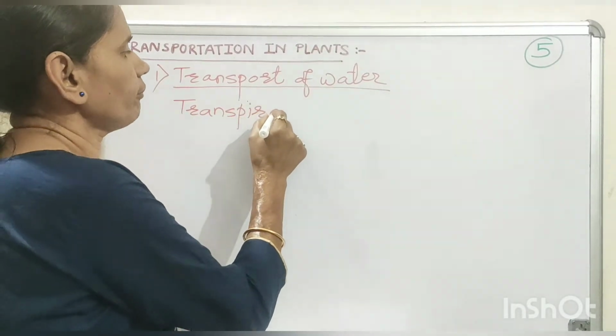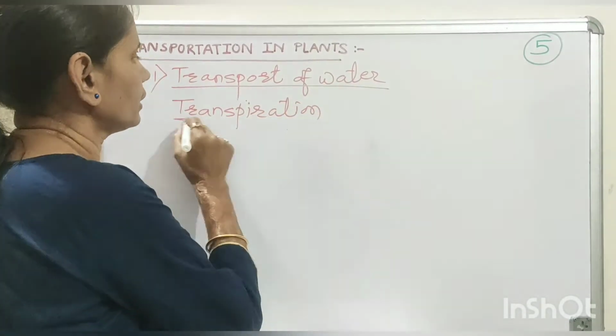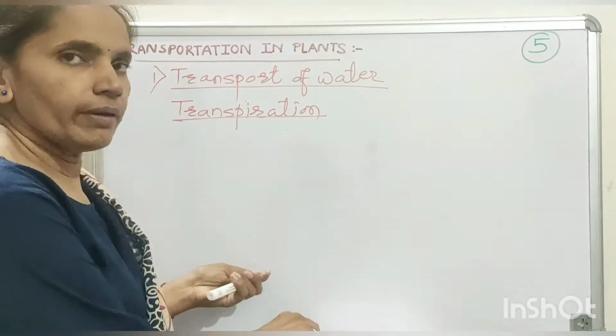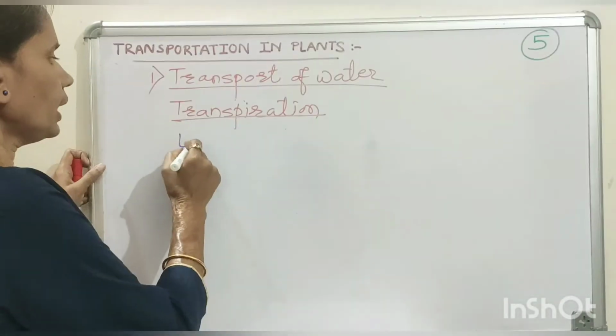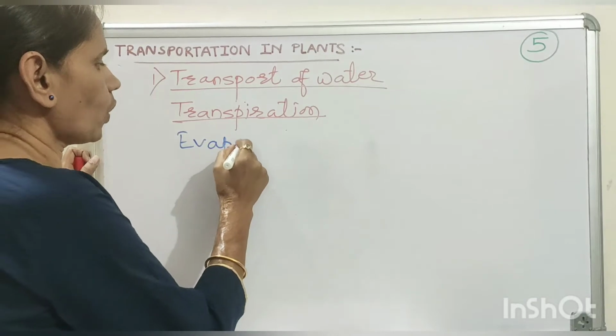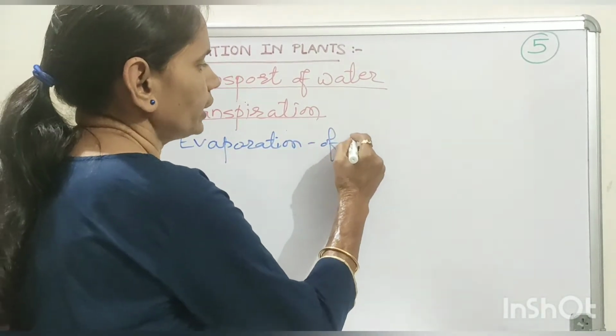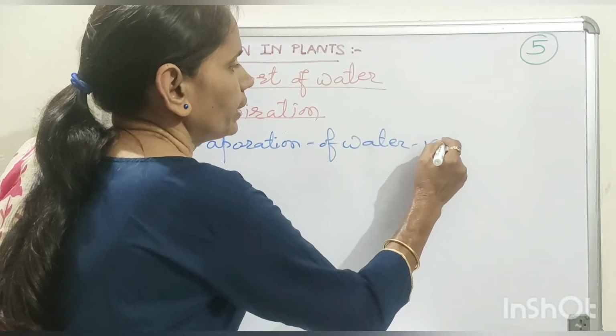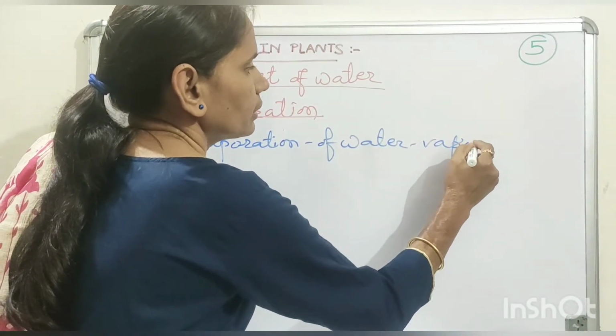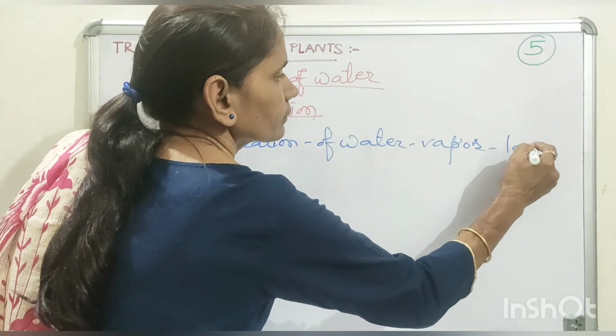Now how can you define the process of transpiration? That is, in very simple words, it is the evaporation or loss of water in the form of vapor. Evaporation of water in the form of vapor from the leaves.